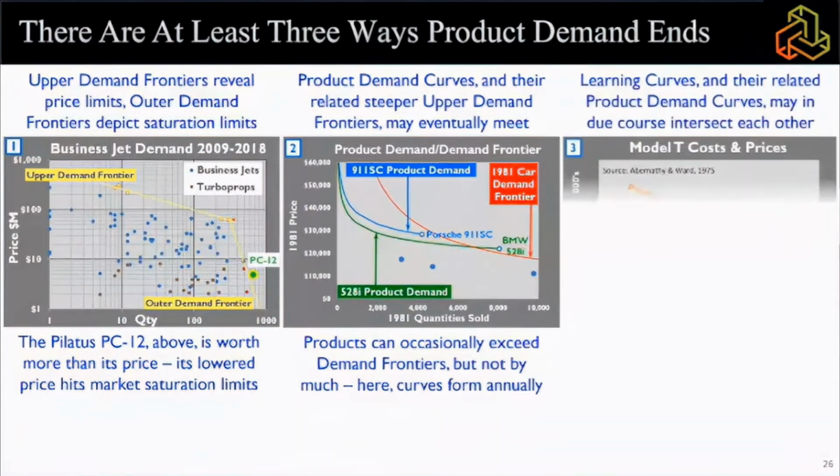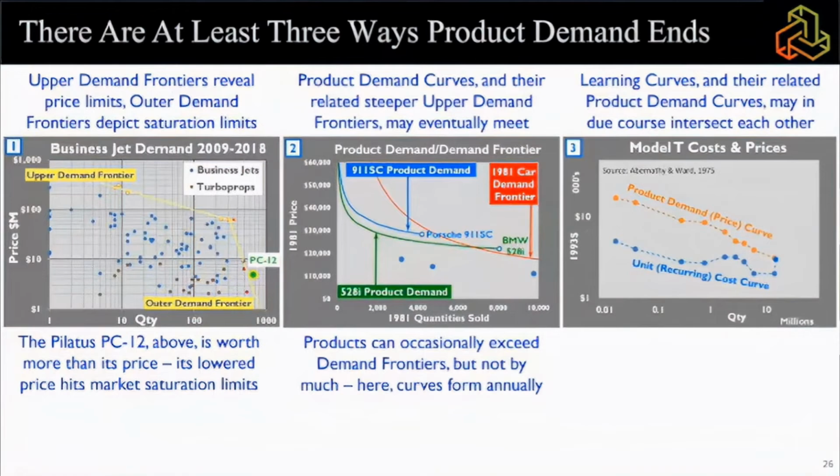And then learning curves and their product demand curves may eventually intersect one another. So the good people at Ford Motor Company, back in the early 1900s, over 100 years ago, started tracking the cost of their Model T, shown in blue here. This is the price in $1993. So this is $1 million here, $10 million here. It's $10,000 in $1993.